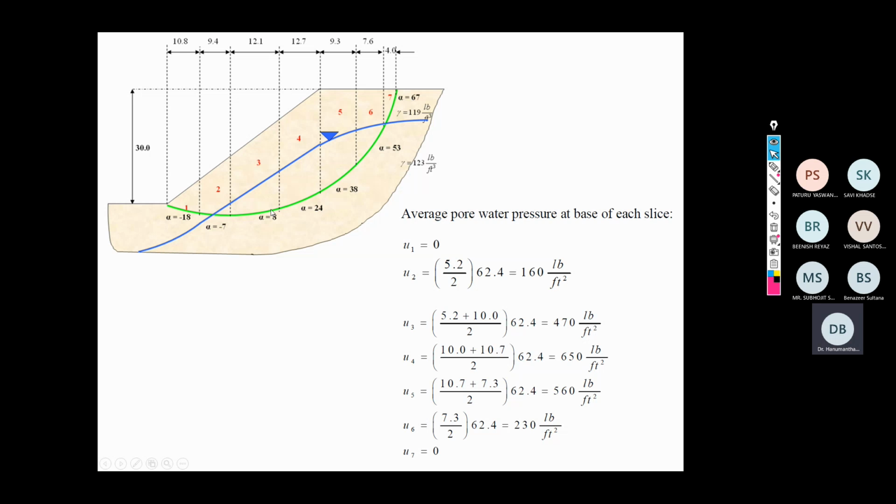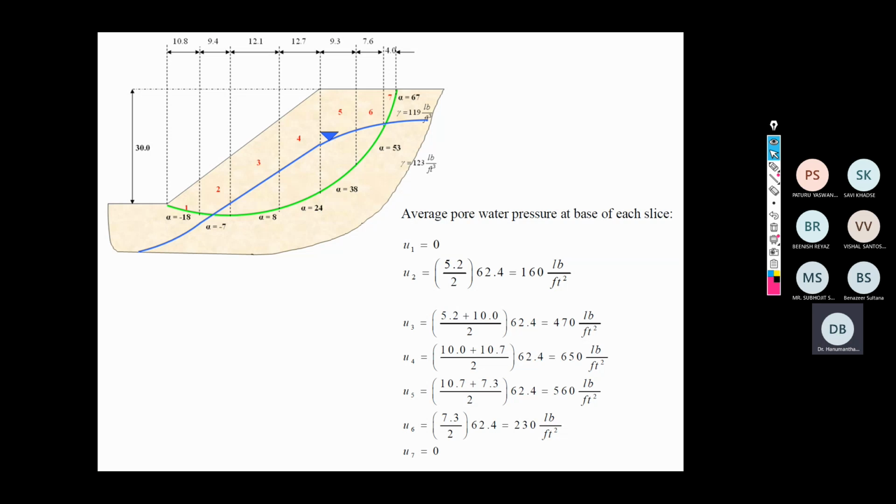So U3: on one side 5.2, on another side 10. So this divided by this, say average height. Average height multiplied by the width. So in fact it is height only. So here we don't need to consider the width of the slice.